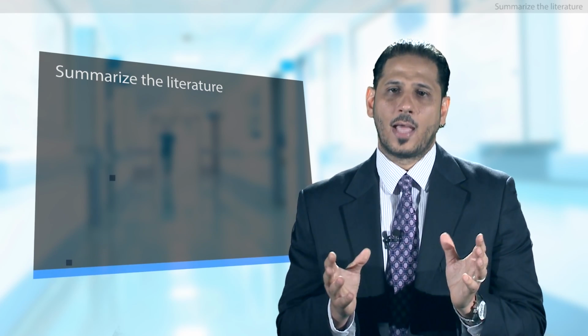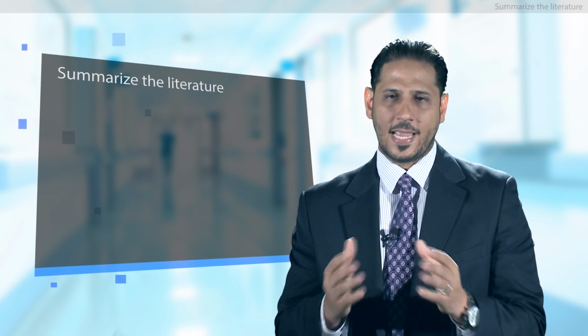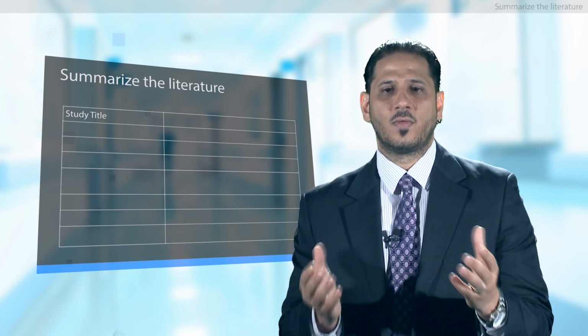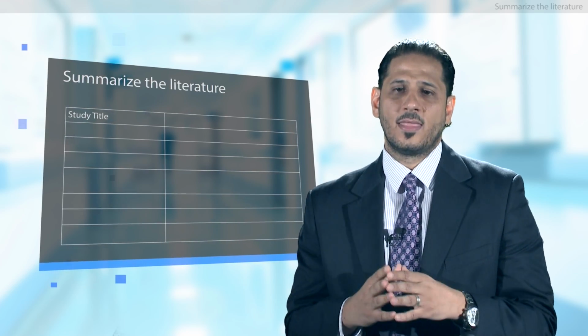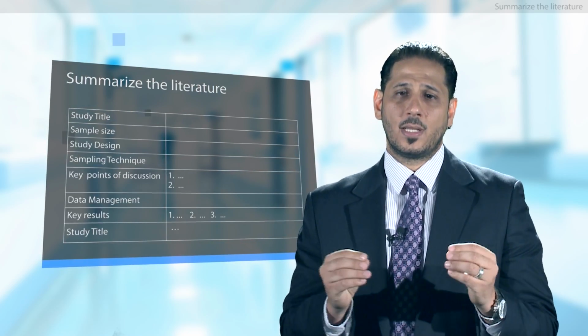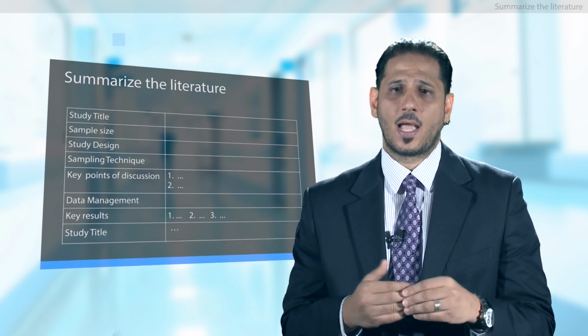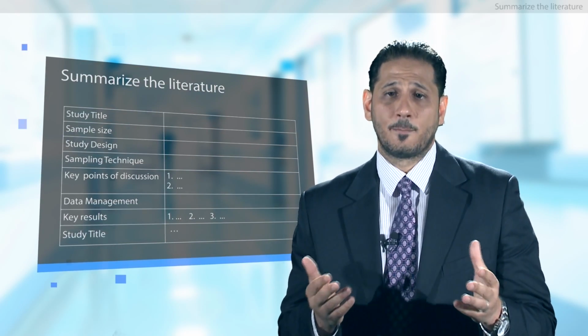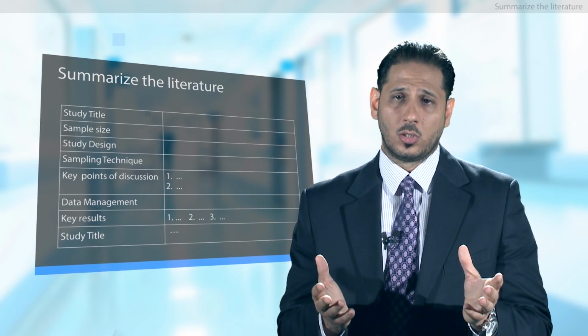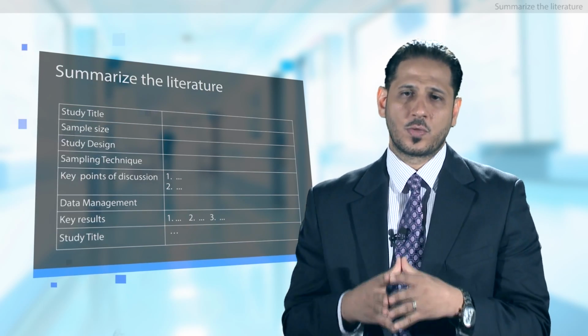It's a simple format where you build a table where you write the title of the article that you just read, and then you pick some of the information mentioned in this article, things like sample size, study design, the objective of that article, and perhaps summary points of discussion or comments.